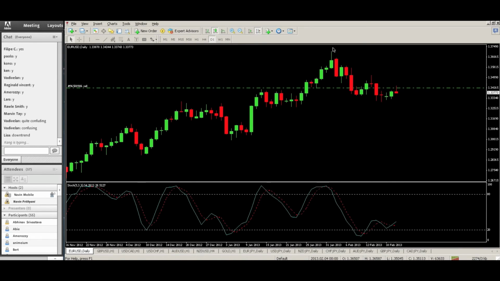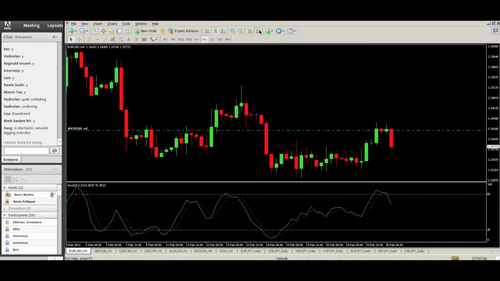If we draw a downtrend here and we draw a downtrend here, it's the same, right? Our indicator and information is saying the same thing. So basically, our daily chart has nothing confusing. Our 4 hour charts have opposite information.